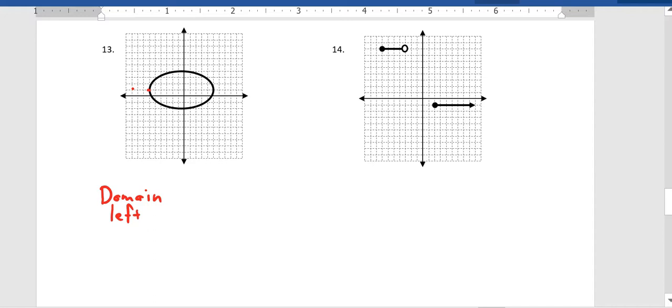Yeah, -6. So we know that value is -6. We ask ourselves on the other side for our oval, what is the x value on the right-hand side? Yeah, it is 5. And so our domain is going to be -6 is less than or equal to x, which is less than or equal to 5.